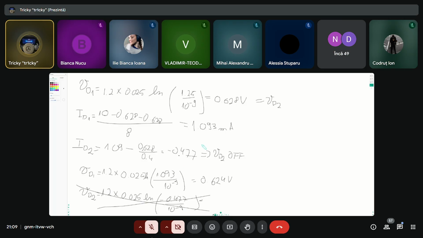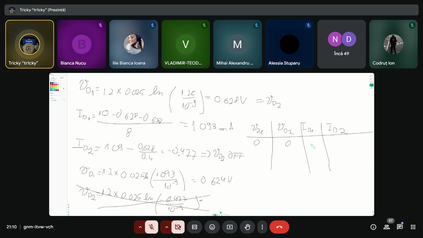Okay, so let's draw the table actually now, see where we are at. This is VD1, this is VD2, this is ID1, and this is ID2.